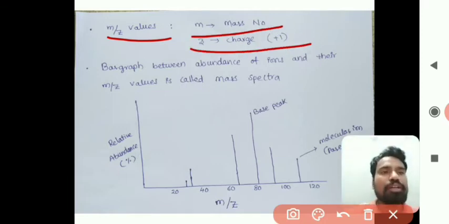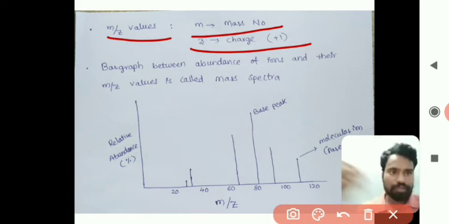In most cases the charge value is +1, because all the cations formed in the fragmentation process have +1 charge. So automatically the z value will be +1.